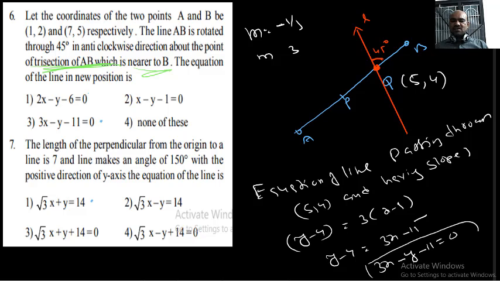This is one of the required straight lines, 3x minus y minus 11 equals 0. So this is the answer for the problem.